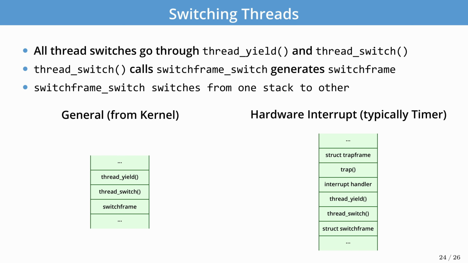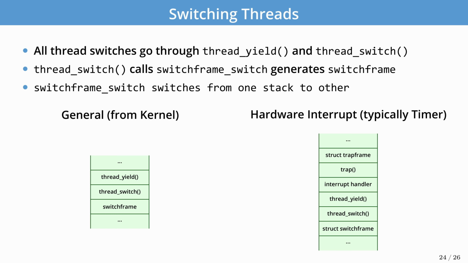So we're not going to go into too much detail right now about all the different ways we can enter, but there are two main mechanisms that threads can be switched inside of OS 161. At the core, all of the threads go through the same set of functions, thread switch, which then calls a special assembly function that we'll see in the next slide, called switchframe switch.